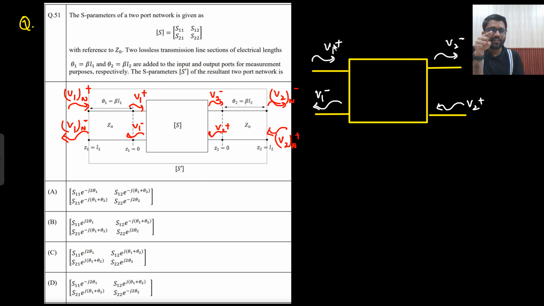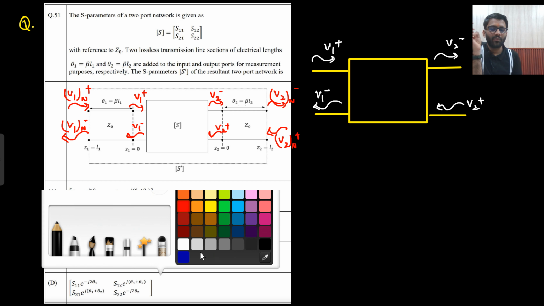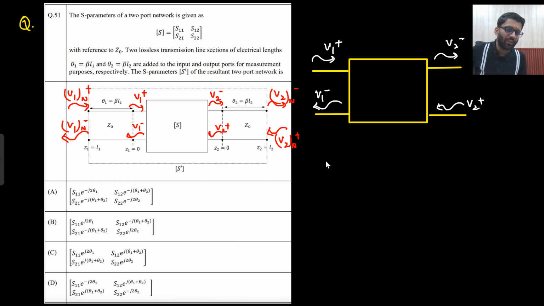What do we know? We know the ratio of V1 minus upon V1 plus, that is S11. We know the ratio of V2 minus upon V1 plus, that is S21. So these ratios we already know. S11 is V1 minus divided by V1 plus when V2 plus is 0.